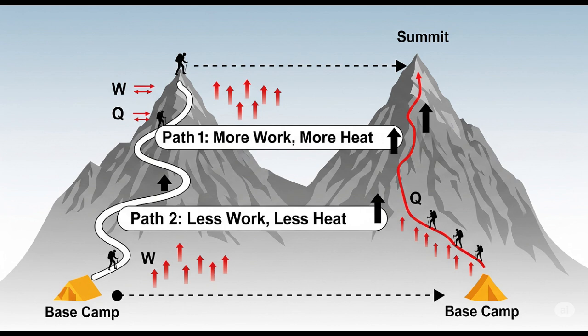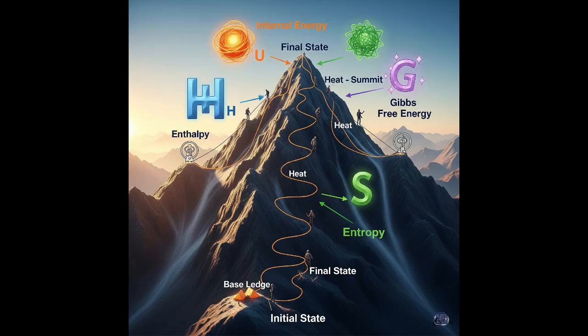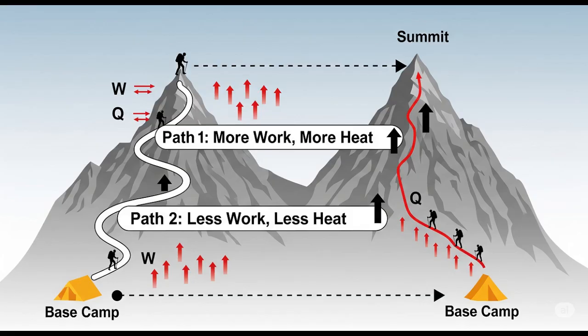Examples in thermodynamics include internal energy, enthalpy, entropy, and Gibbs free energy. A path function, on the other hand, does depend on the path taken. The amount of work you do climbing that mountain, or the heat generated, would be path functions. For us, the most common path functions are heat, Q, and work, W.